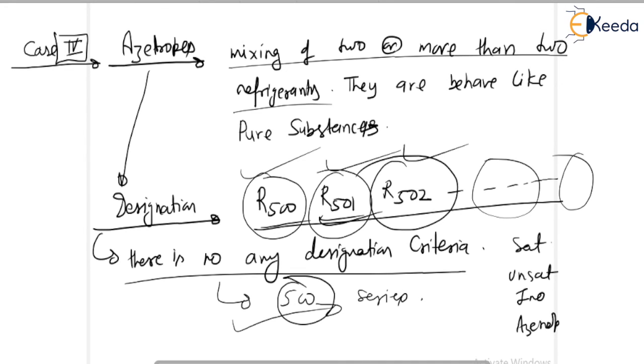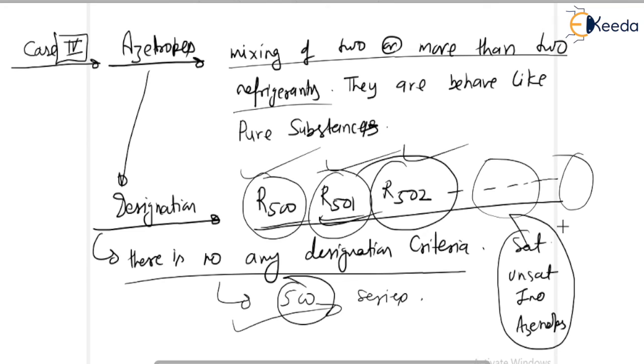Okay my dear friends, so this is the way. So now here we can end this lecture, and in the next lecture we move ahead with desirable properties of refrigerants. What are the desirable properties of refrigerants?